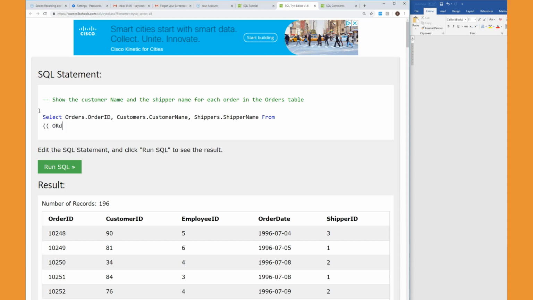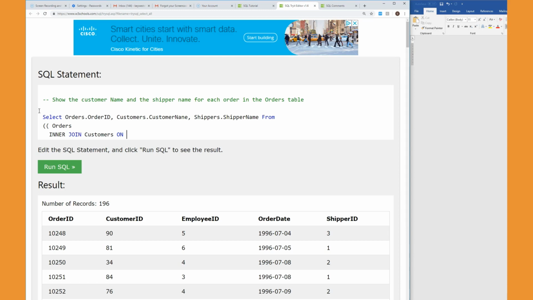Order is the center table for both of the links because it's the many. We're going to start with order, then inner join either one of the tables first. It doesn't matter which order. We're going to join that with customers on, of course, the common field or key to both of these tables.